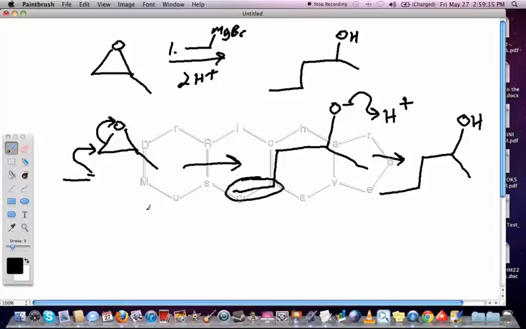Now, the other thing I wanted to show you was the relationship between this and the Grignard addition to carbonyl groups. So if we use the same Grignard reagent and we were attacking a C double bond O, look what happens. I'm hoping you can see the similarity between the two.